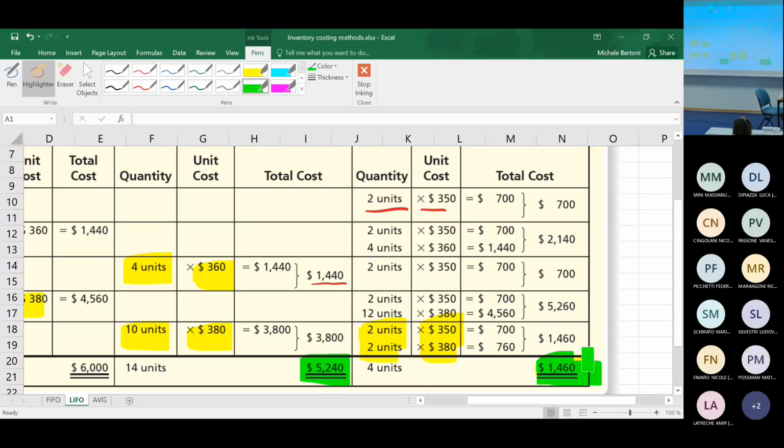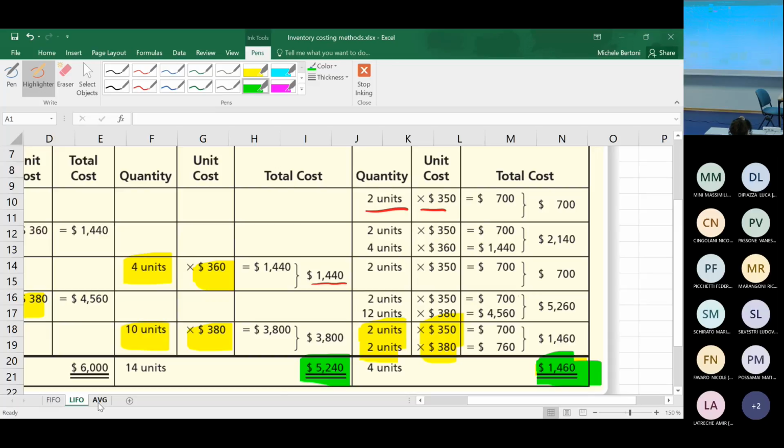But we'll see that there is a mandatory disclosure of the difference between the current value on the market and the cost reported in the balance sheet in case of LIFO. In fact, in some cases, this difference will be very large. We'll see some examples.